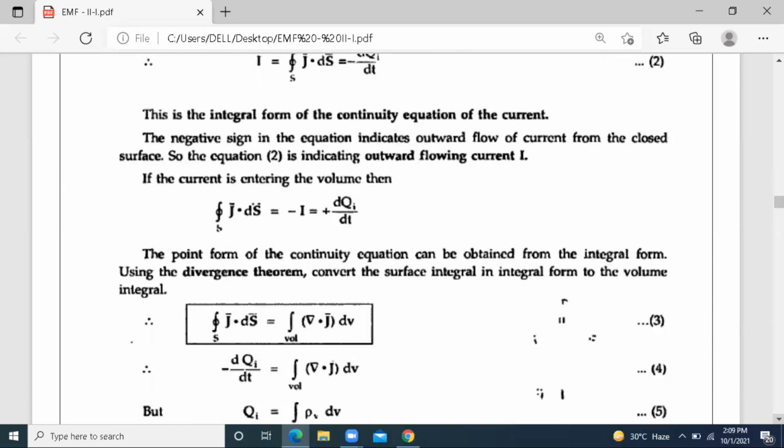Now, the differential or point form is this. Del dot J dV is I from this morning.